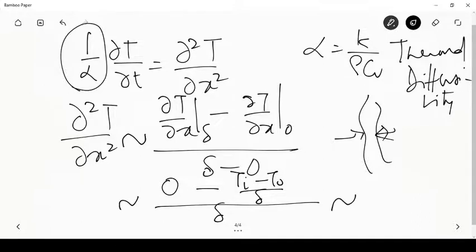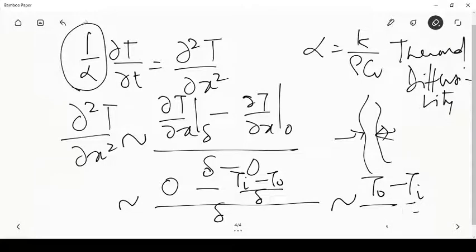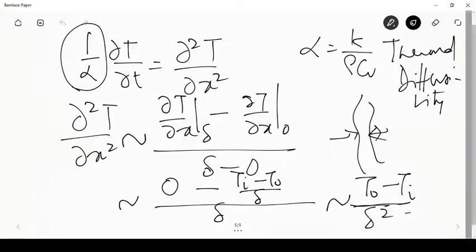So the minus will get absorbed here, T naught minus Ti divided by delta squared. Okay. So the right hand side of this equation is now of the order of T naught minus Ti divided by delta squared. Now let's go to the left hand side and see what the order of magnitude of the left hand side is.